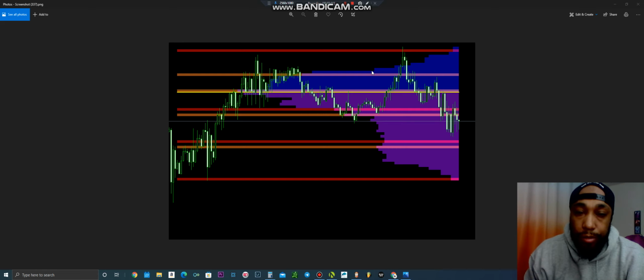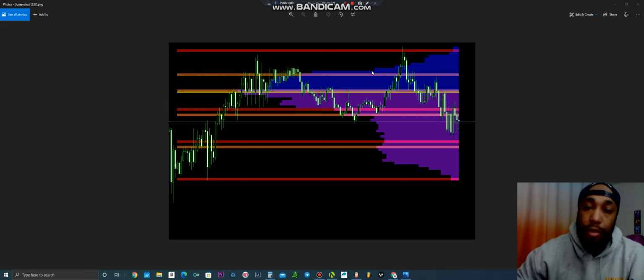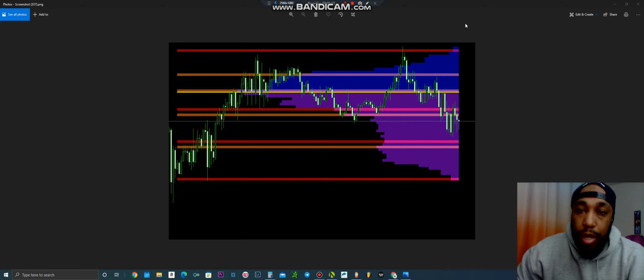In a nutshell. You can find this indicator almost anywhere. Just Google it and download it from a source. But I got mine from Quantum Indicators. And this is how I use market profile, volume point of control. Very useful, guys, very useful in the markets. I implement it with my own strategy sometimes.